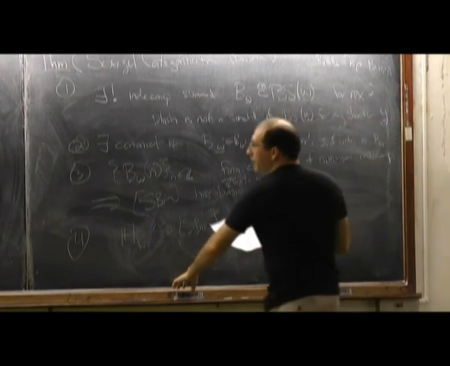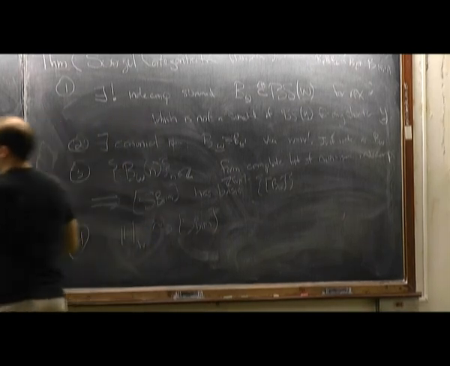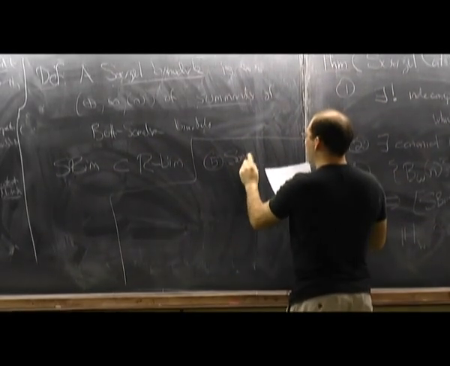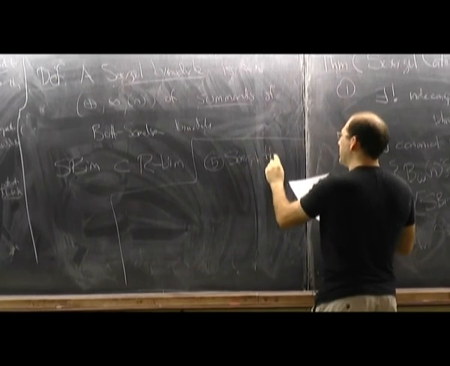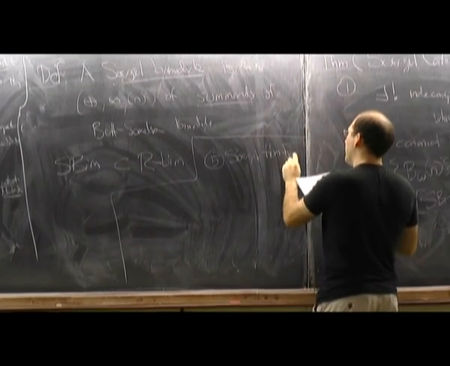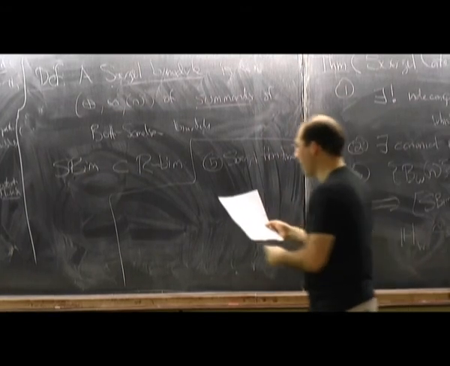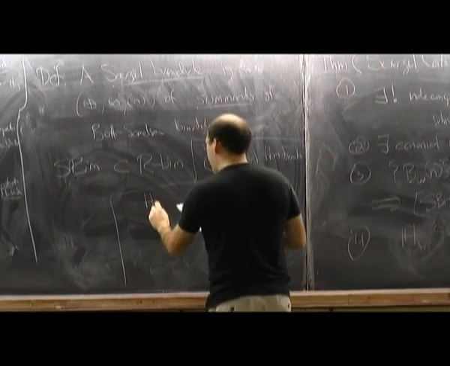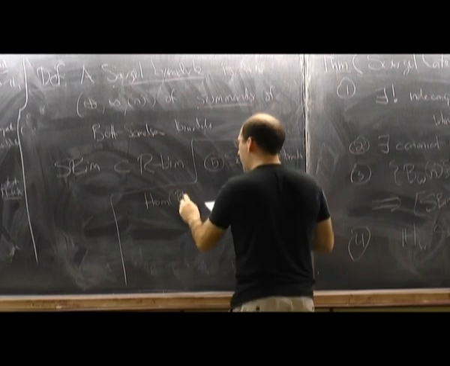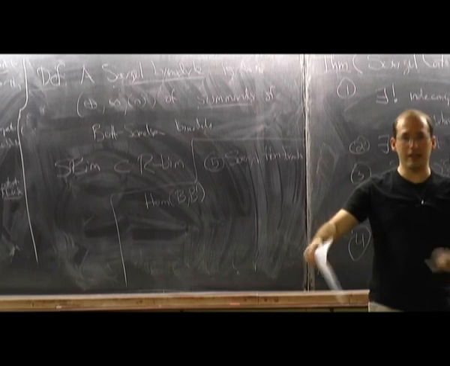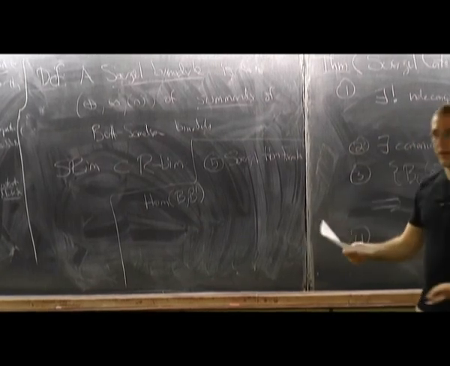And part 5 has its own name. It's called the Soergel Hom formula. This is something that I mentioned the other day, although in the context of category O. You take 2 Soergel bimodules, not necessarily indecomposable, just arbitrary.